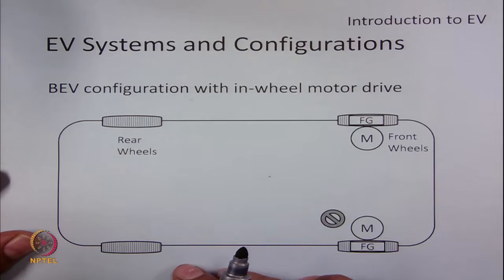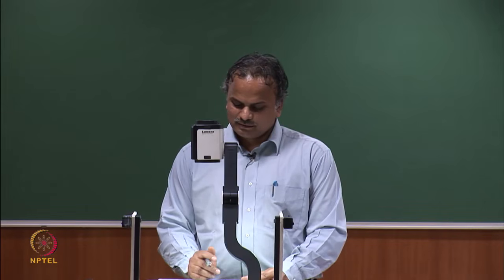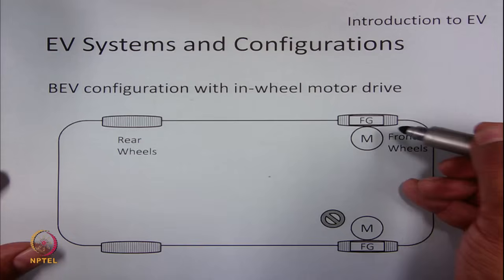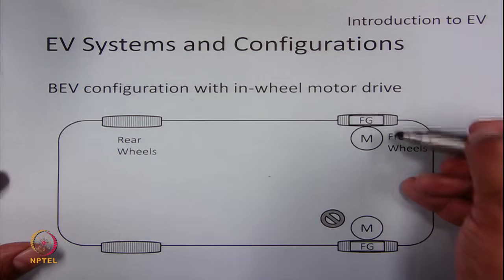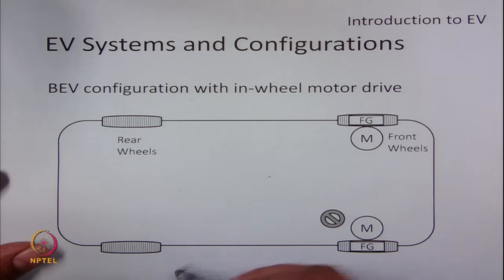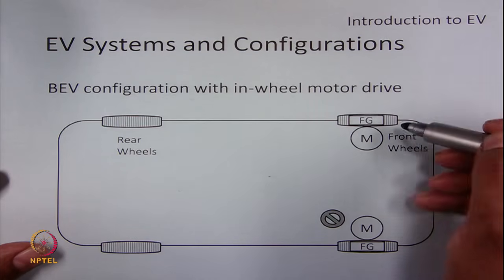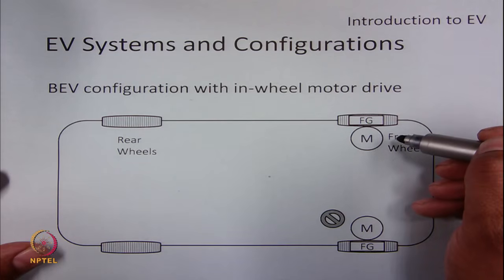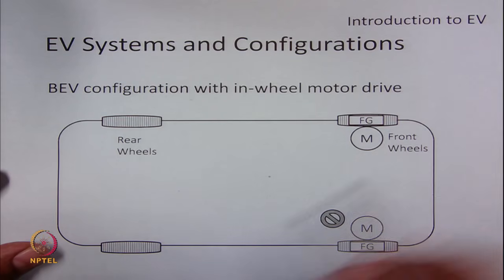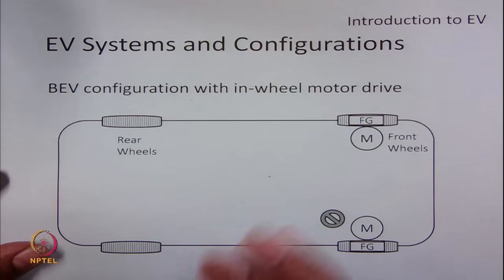So, it is also possible to reduce, or rather eliminate, the driving action totally, meaning there is no driving shaft connecting the motor to the wheels. This type of configuration uses a motor which is inside the wheel.